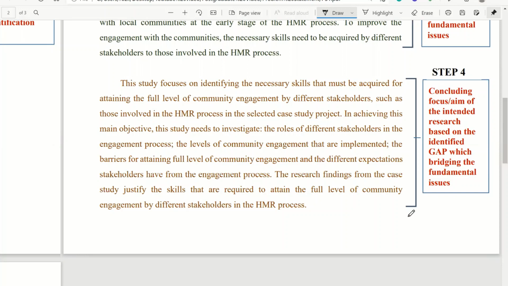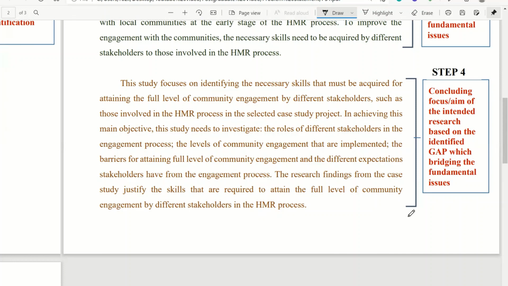So at this stage, it is clearly stated in this problem statement how the researcher formulates the problem statement based on these 4 components, which are very, very crucial, very, very important.